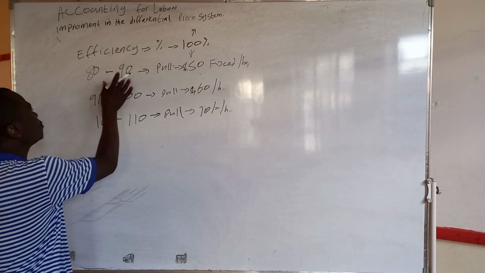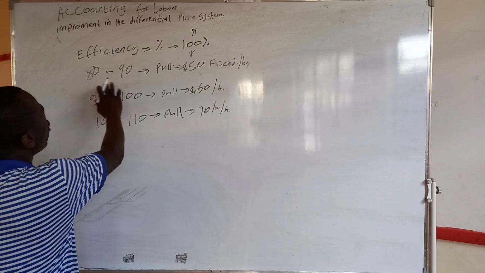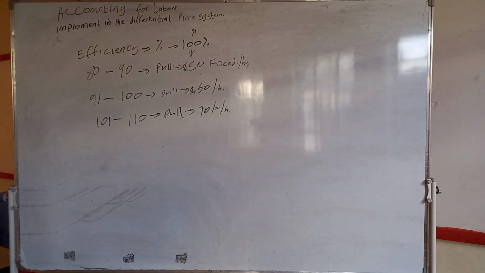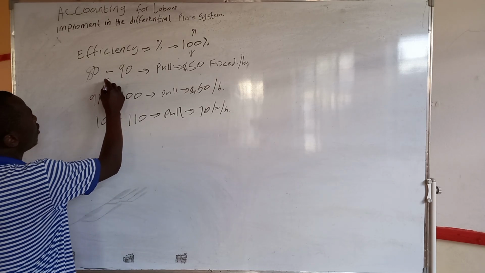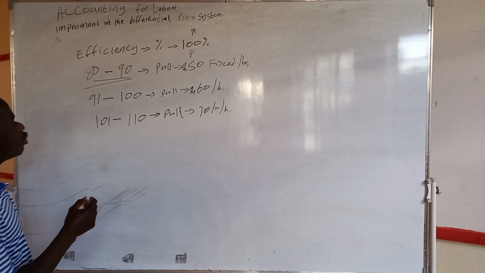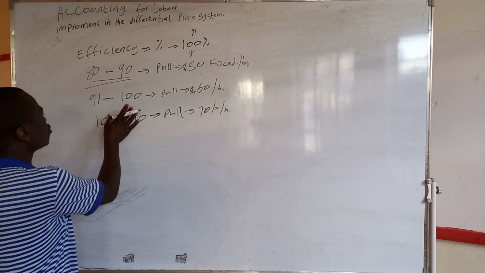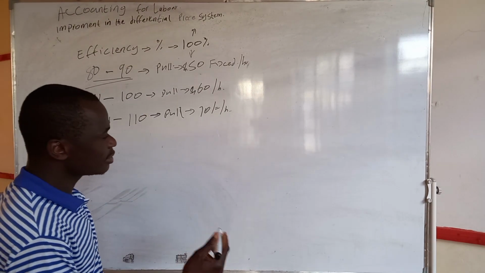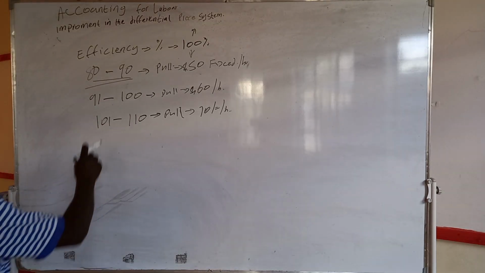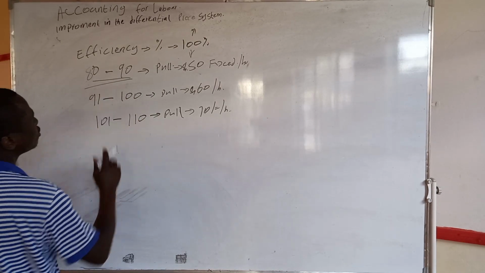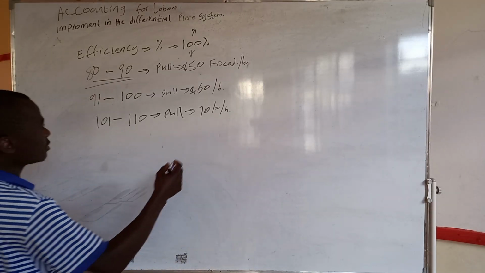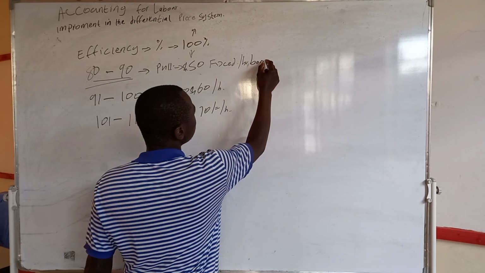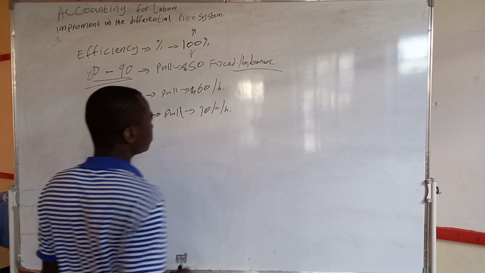For example, one of the people placed at 80 to 90 one day ends up doing more than this pool. You will not automatically upgrade that person to the next pool because this is something he does once in a while. He will remain in this pool, but you say if you surpass the pool you are in, then there is a bonus.